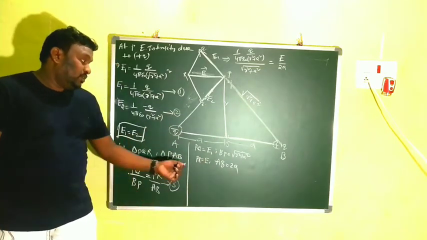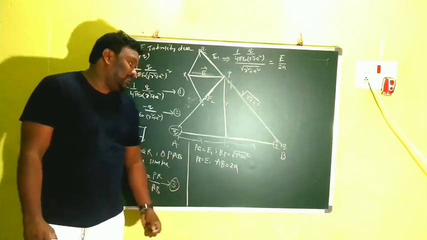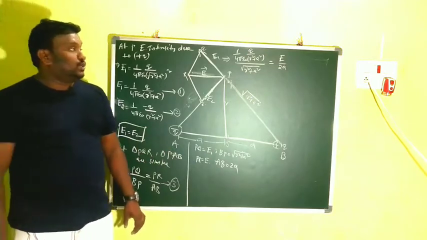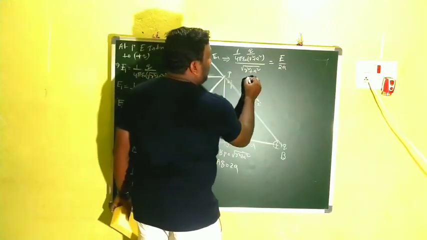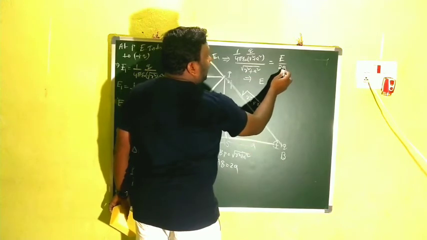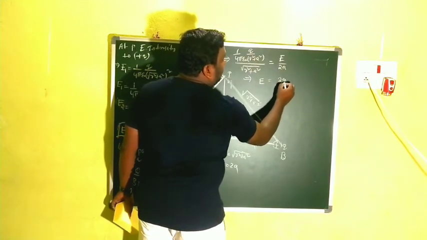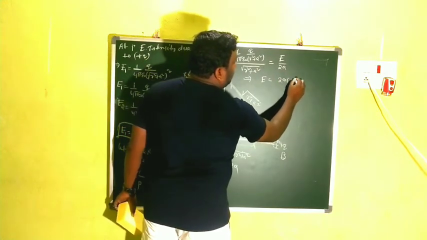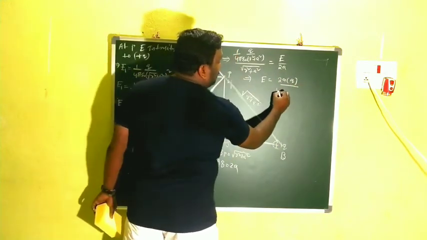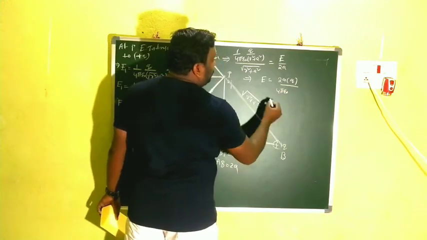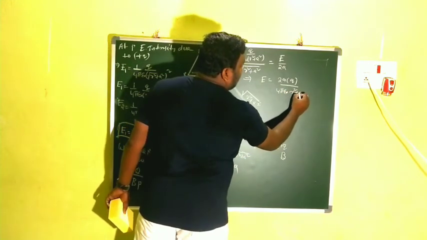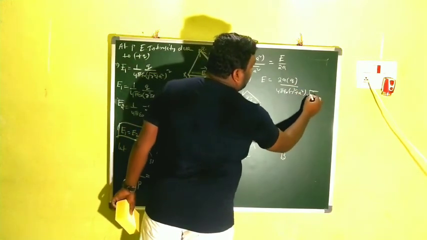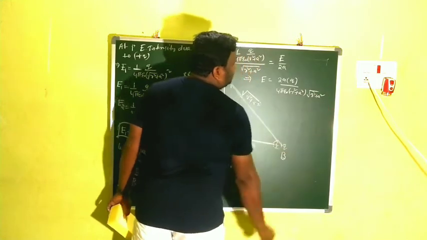AB is the dipole length 2A, and PR is E. So from that I am writing now E is equal to 2A into Q by 4 pi epsilon naught into R square plus A square into under root of R square plus A square.